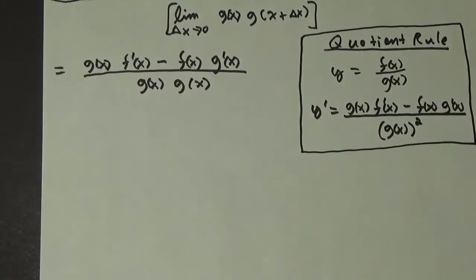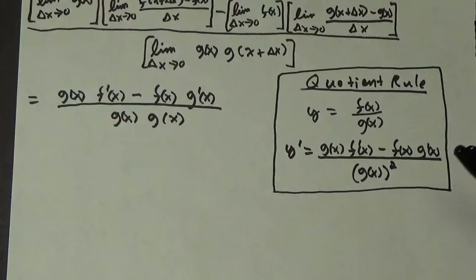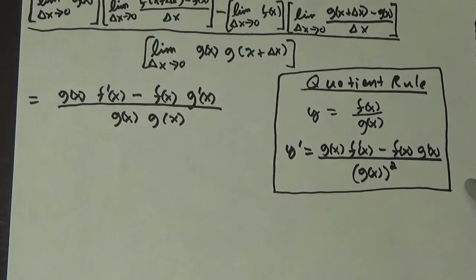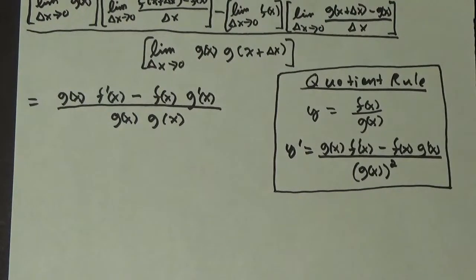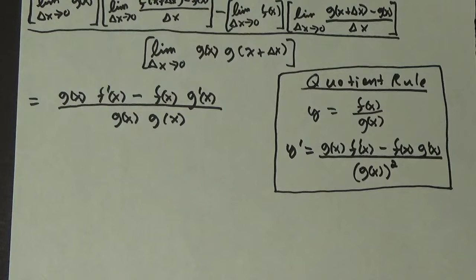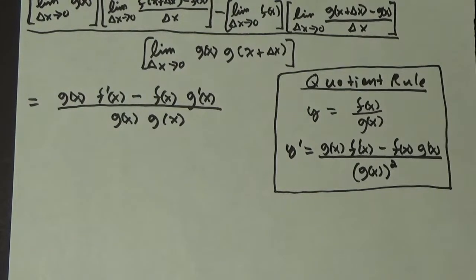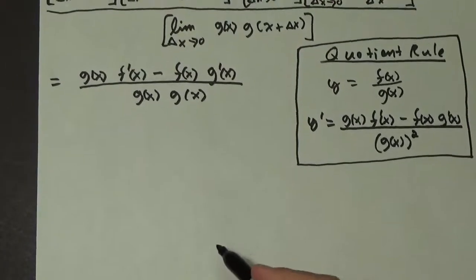Okay, so this one is a little bit more involved than the product rule. So there are definitely ways where we have to try to remember what the quotient rule is. There are two ways that I have seen, and the first way is the way I use.